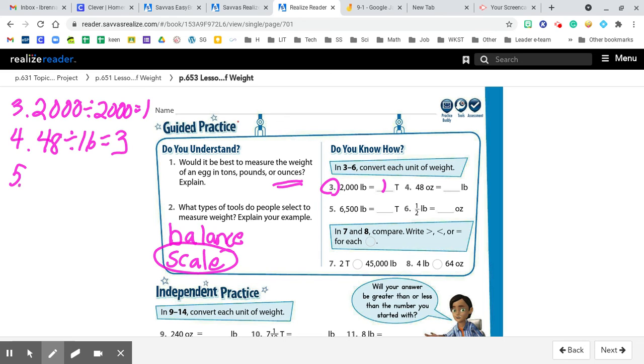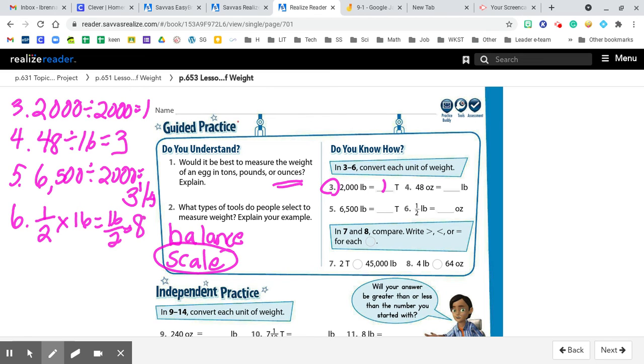We're going from smaller to larger, so we're going to divide by 2,000. So 6,500 divided by 2,000 equals 3 1/4. For number 6, 1/2 a pound equals how many ounces? We're going from larger to smaller. So we get 16/2, which equals 8.